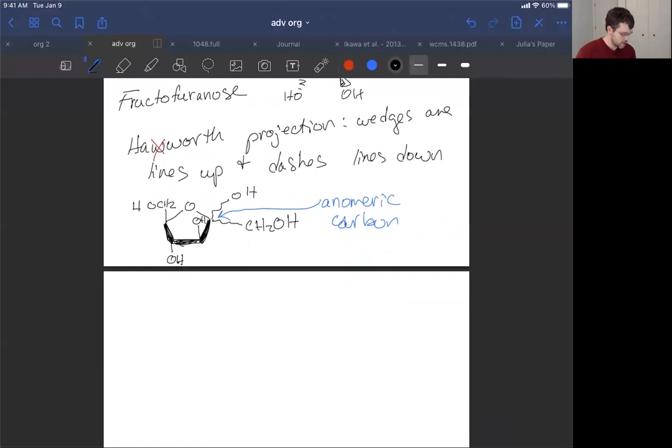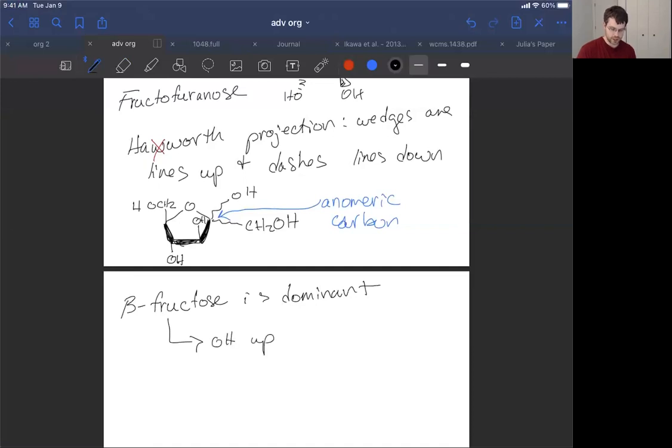The beta form, beta fructose, is dominant. Here my alpha axial trick is less helpful, but you can remember that for beta, the OH is up, whereas the axial is down in the typical depiction that I have of glucose. So here, beta fructose means the OH is up.